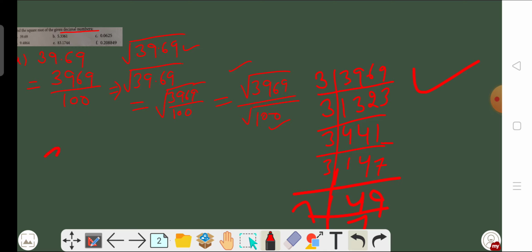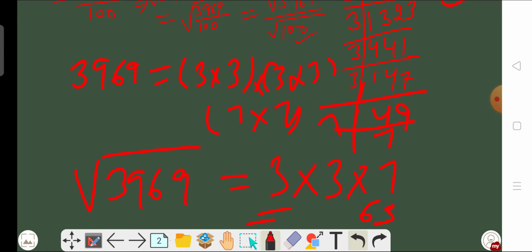Now what we have to do? We have to make the pairs of prime factors: 3, 3 and then 7 multiplied by 7. Now from here what we can write, beta? Square root of 3969 is equal to 3 multiplied by 3 multiplied by 7, and this is equal to 63.